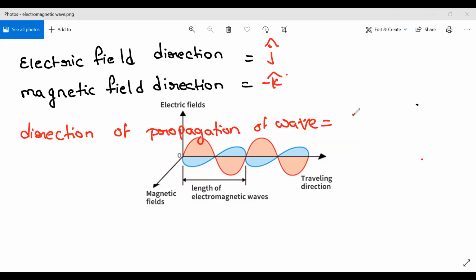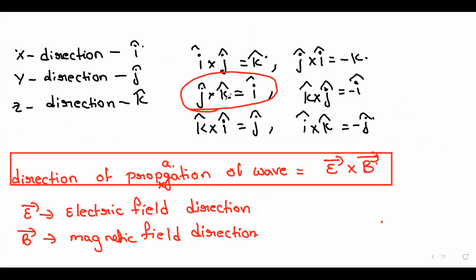Look here. Here J cross minus K, right? So take the minus outside. We have J cross K. So J cross K is I. If you look at this table, J cross K is I cap, we have to substitute this.